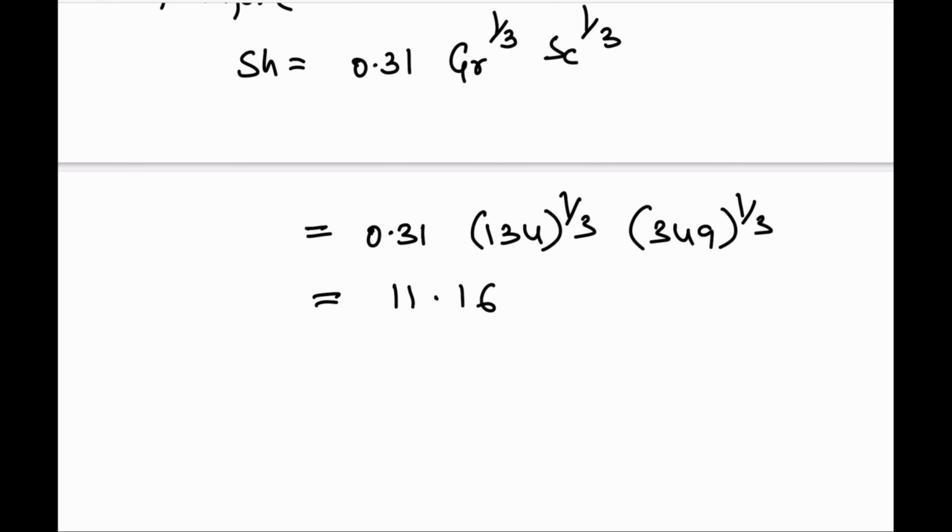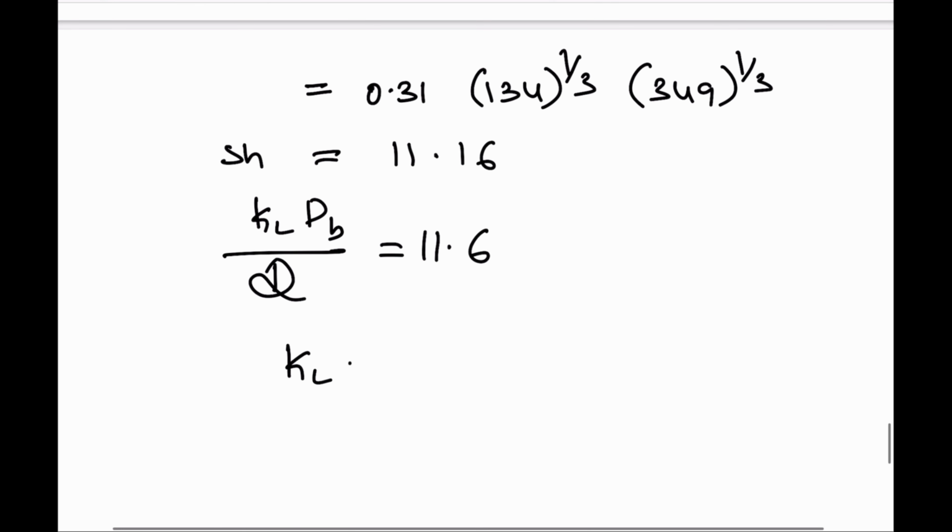We know the definition of the Sherwood number, that is nothing but KL dB divided by diffusivity is equal to 11.16. So let us rearrange this. KL is equal to 11.16 multiplied by diffusivity divided by dB, the bubble diameter.